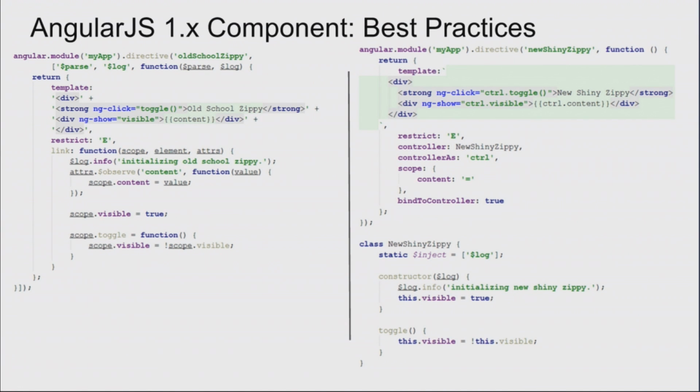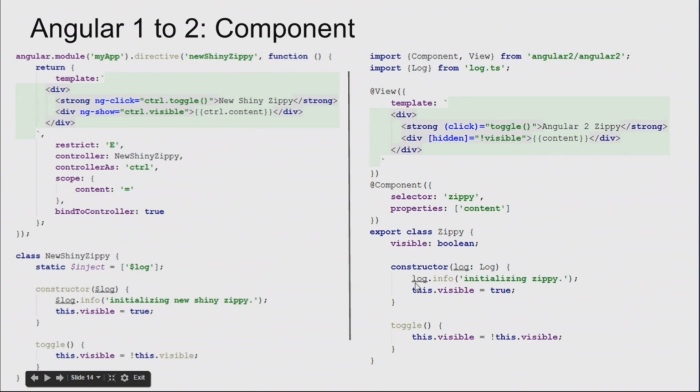But there's a way to actually write Angular 1 components that is very similar, semantically at least, to how Angular 2 components will work. So on the right here, I have another component still using Angular 1, but using ES6 classes, using controller as and bind to controller. And what I end up with, if we go to the next slide, it's on the left, and I'm comparing it to an Angular 2 component on the right, is that these are semantically very similar.